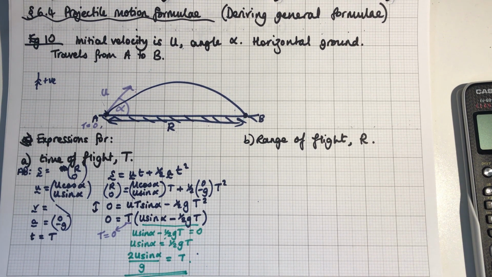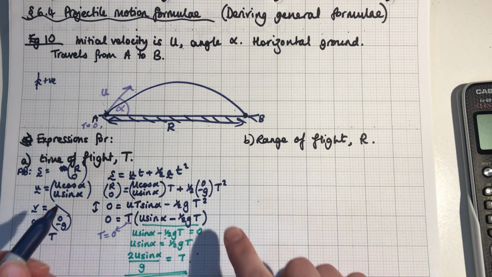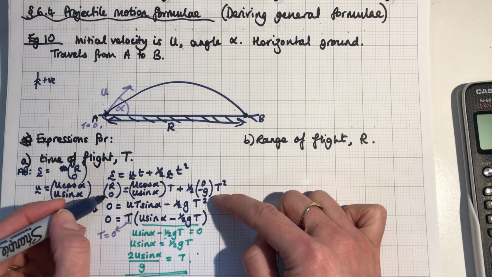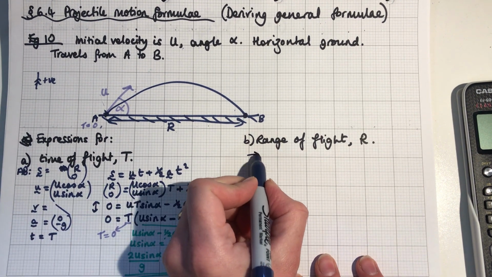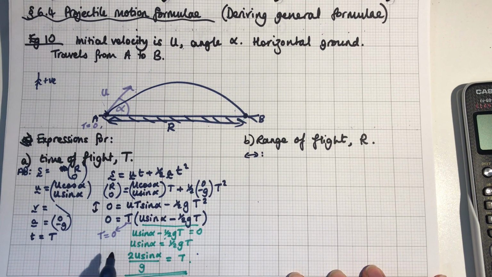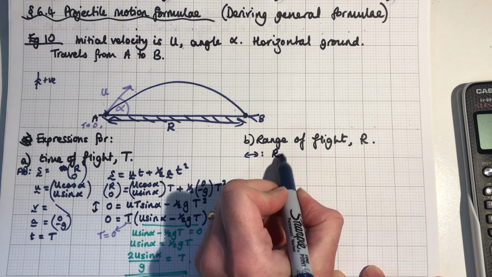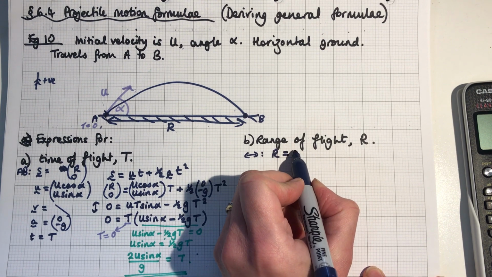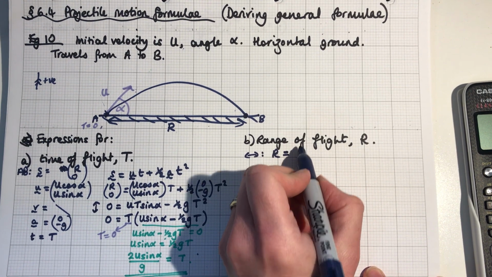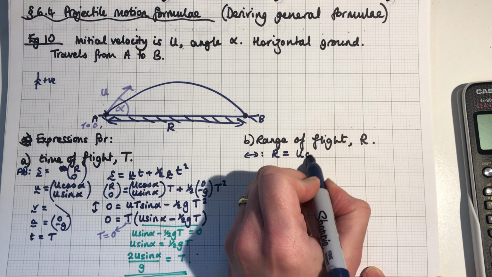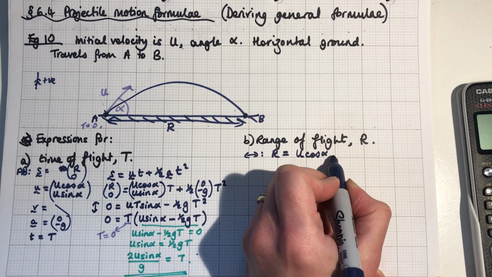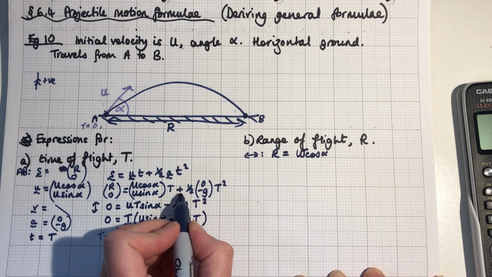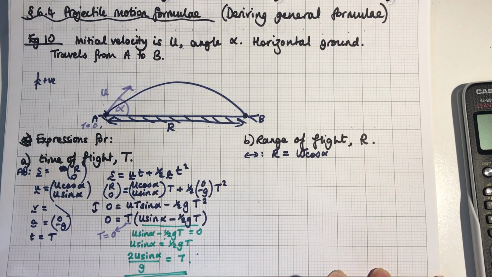Let's do the same thing for the range of the flight now. This time I'm going to use the top row because before I used the bottom row. So from the top row, which is the horizontal motion, I get R equals u cos alpha t. I'm going to put the t there, ut cos alpha, and then plus half times 0 times t squared, so that just goes.